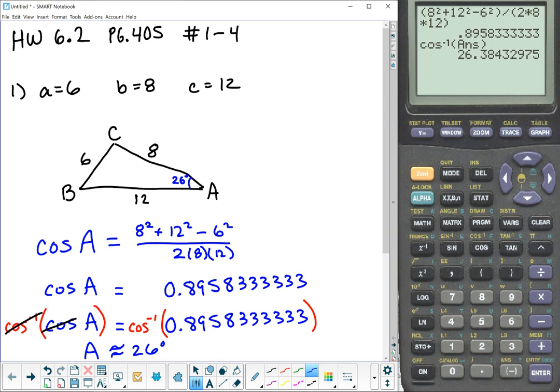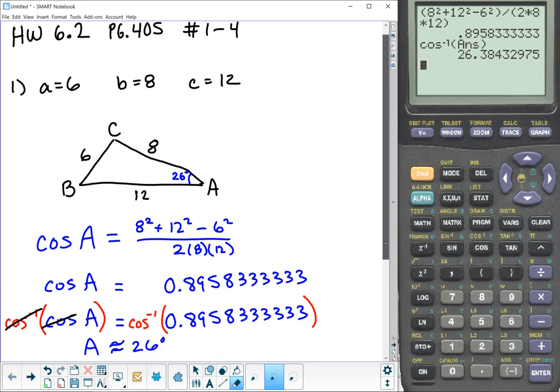Me personally, I would actually utilize the law of cosine again because I'm just practicing it. I'm pretty good with law of sine, so I'm going to go ahead and practice with law of cosine.